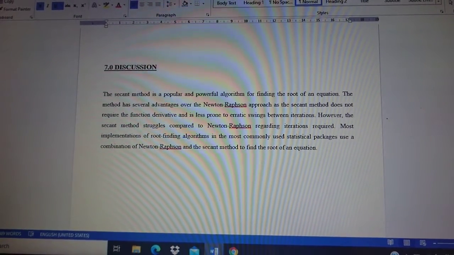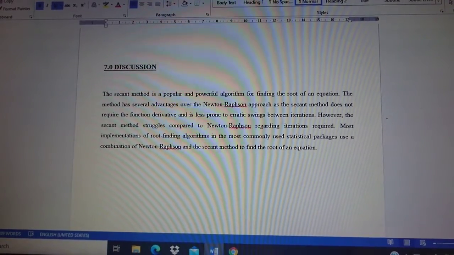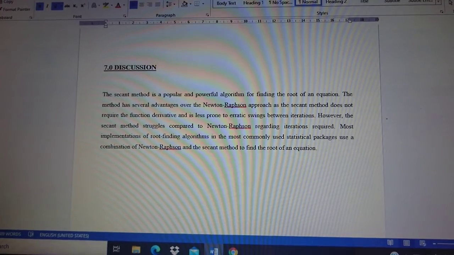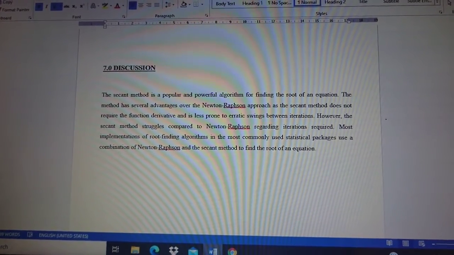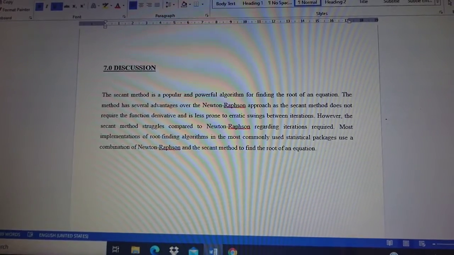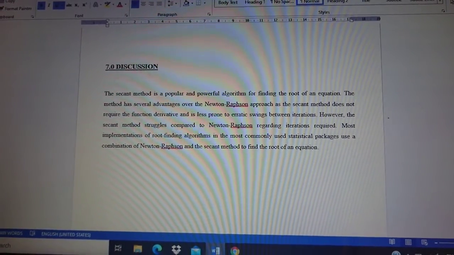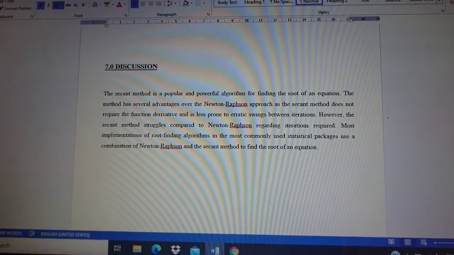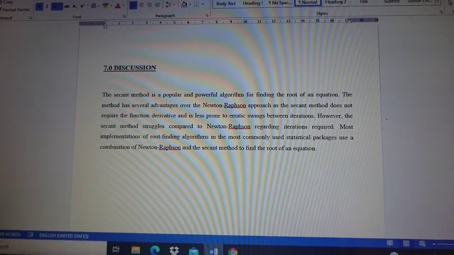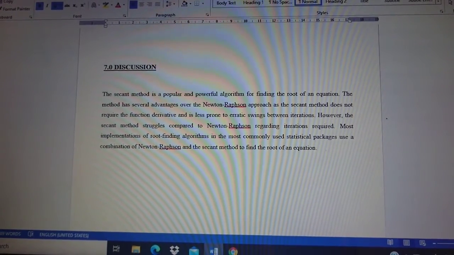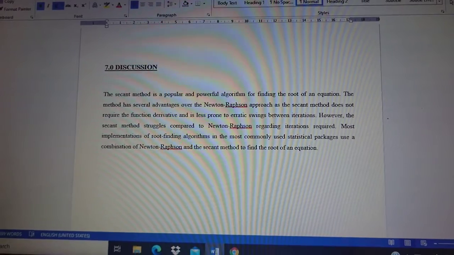For the discussion, we see that the secant method is a popular and powerful algorithm for finding the root of an equation. The method has several advantages over the Newton-Raphson approach, as the secant method doesn't require the function derivative and is less prone to erratic swings between iterations.